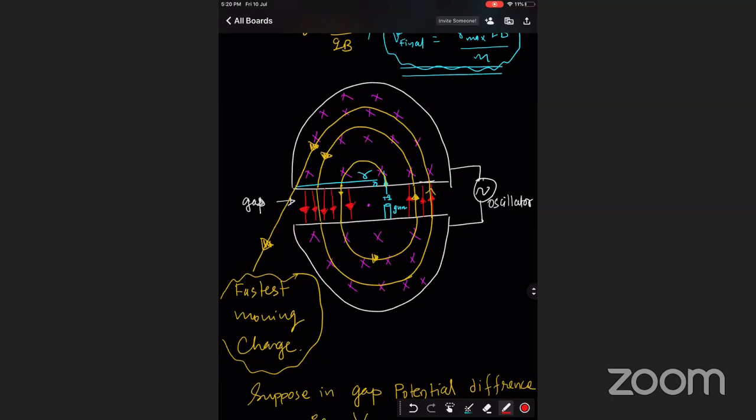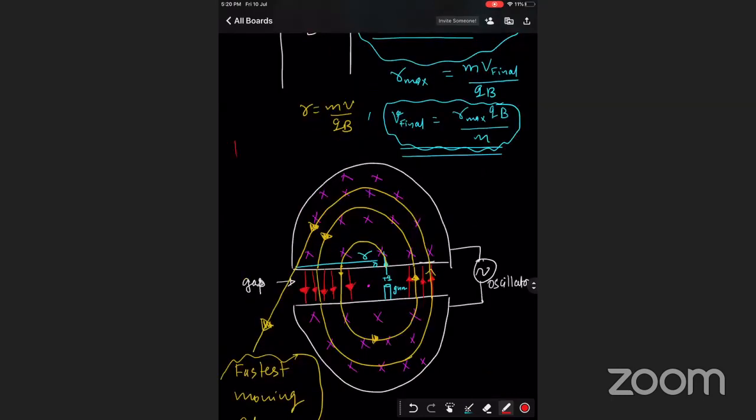Oscillator need not think, because the time period is independent of radius and velocity both. You see this? So even if velocity is increasing, radius is increasing, it doesn't matter. The charged particle will take the same time every time. You understand that?